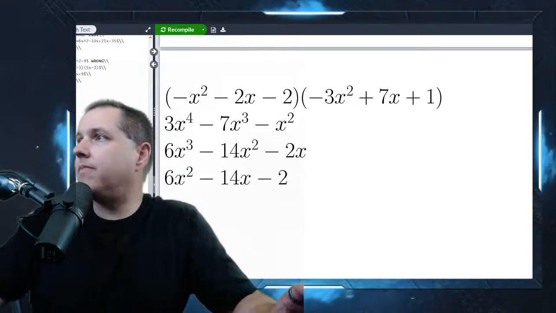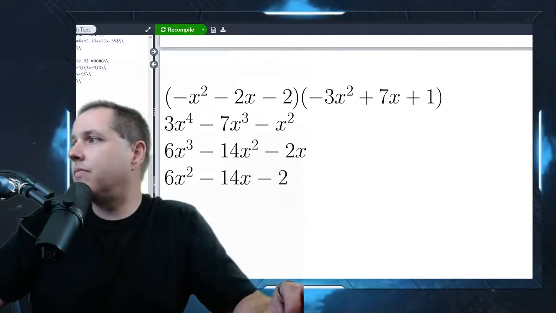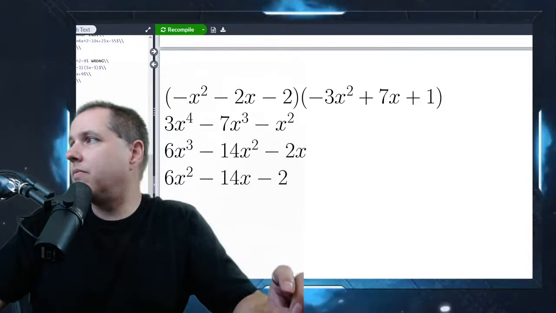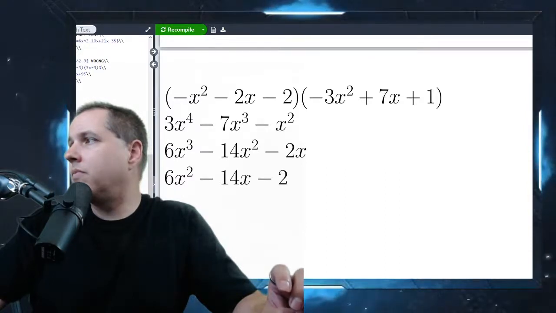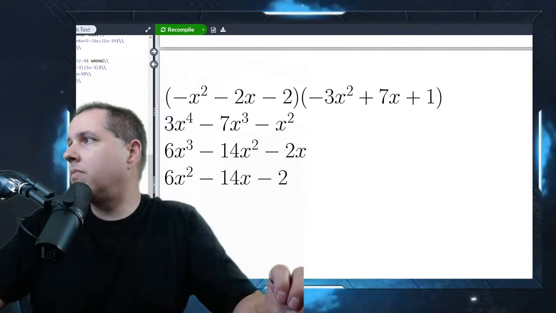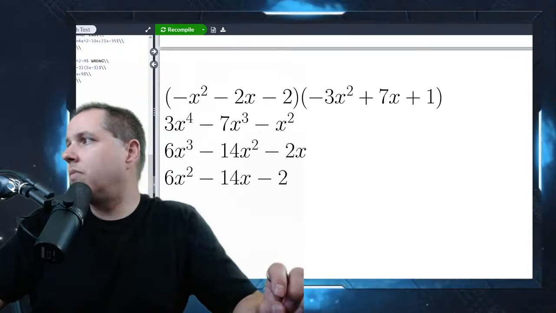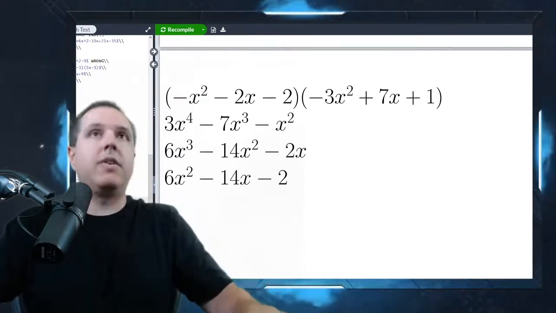Let me see if I can find this command. See if I can get this to line up right.